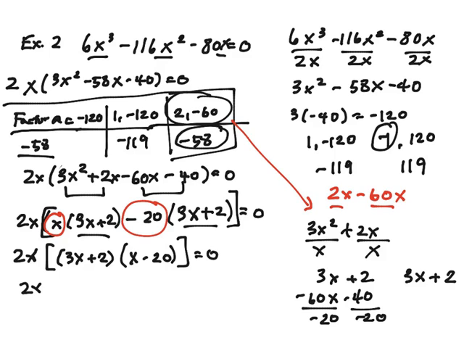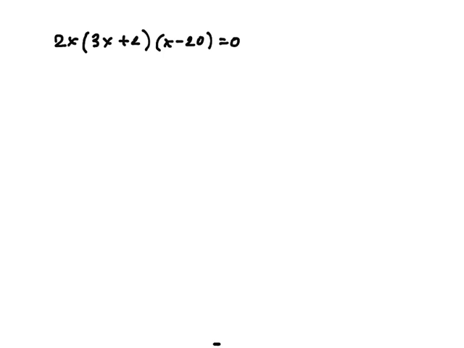So we have 2x and then 3x plus 2 and then x minus 20 equals 0. Okay, so let's go ahead and split all of them down where the x's are. So we have 2x equals 0, 3x plus 2 equals 0, x minus 20 equals 0.